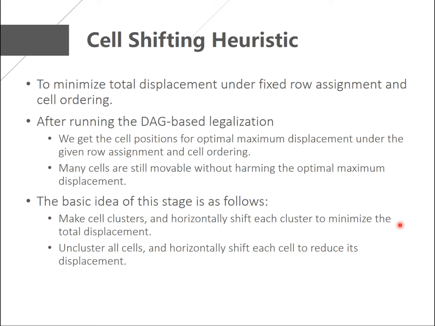The basic idea of this stage is as follows. We make cell clusters and relocate the cells inside the same cluster together to minimize the total displacement, while keeping the relative distance between cells inside the same cluster. Then, we will uncluster all cells and horizontally shift each cell to reduce its displacement.